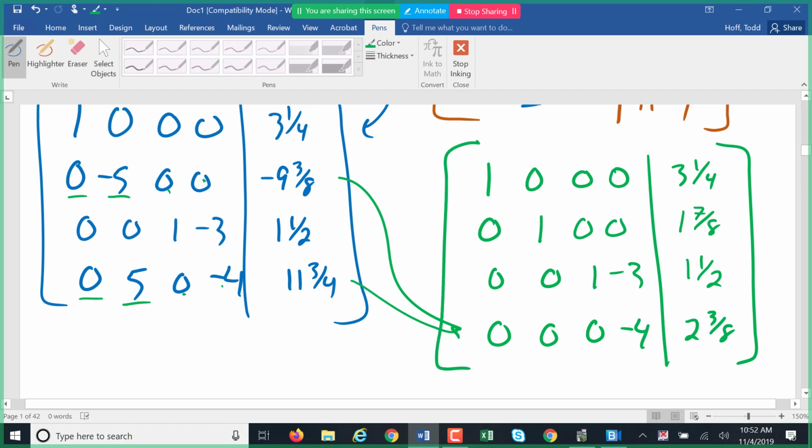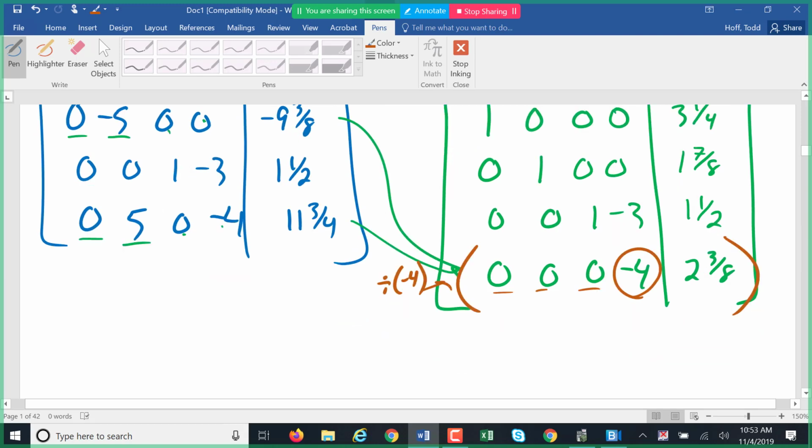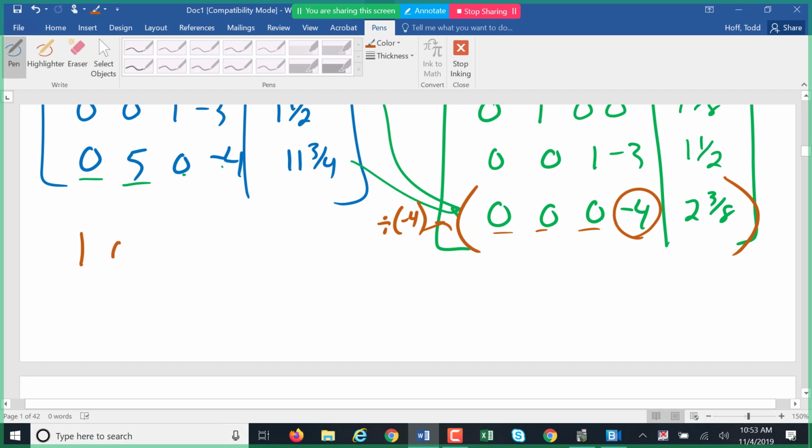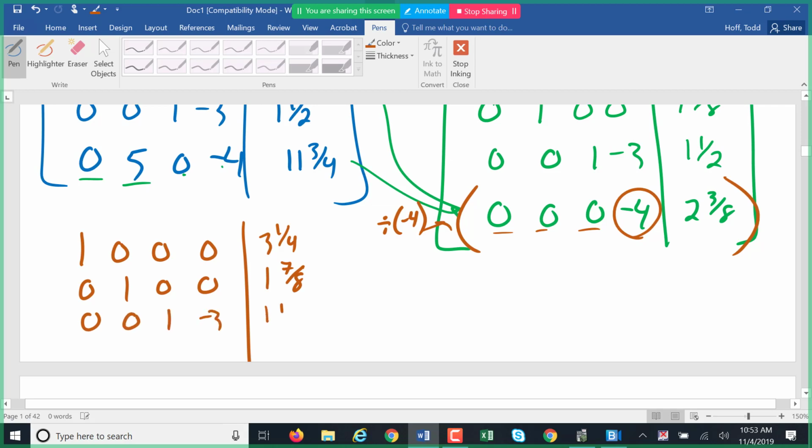Now that bottom row has zeros in every spot. This needs to be a 1. So I'm going to divide that bottom row by -4. So everything else is going to stay the same. 1, 0, 0, 0, 3 1/4. 0, 1, 0, 0, 1 7/8. 0, 0, 1, -3, 1 1/2.